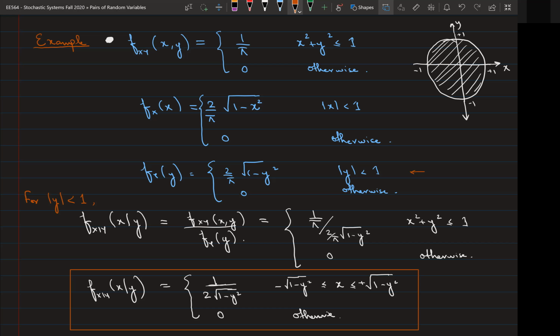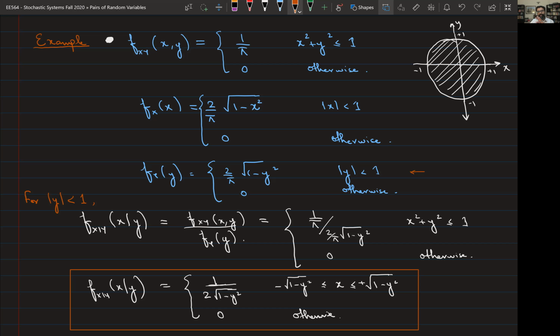Let's say I take this perspective: I observe what small y is. I've already made that observation. Given that observation, I'm interested in knowing how x is distributed. What kind of a distribution, what kind of a random variable would x be, given that I've observed that capital Y equals, let's say, 0.5?